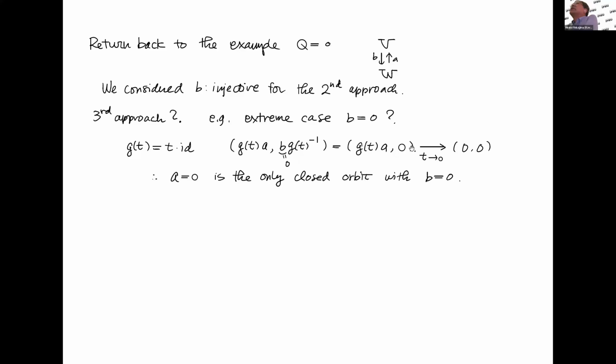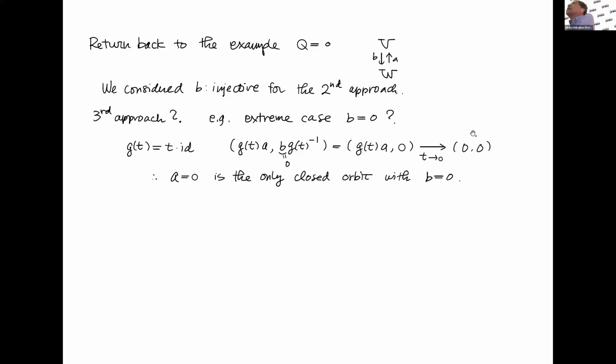If B is not 0, you have B times t inverse, then you cannot take the limit as t goes to 0. But because we assume B equals 0, the second component just vanishes. So you can just take the limit when t goes to 0, and this goes to (0, 0). So it means if A is not 0, then in the limit, you get this. By the way, this (0, 0) consists of a single orbit, a single point, fixed by the action.